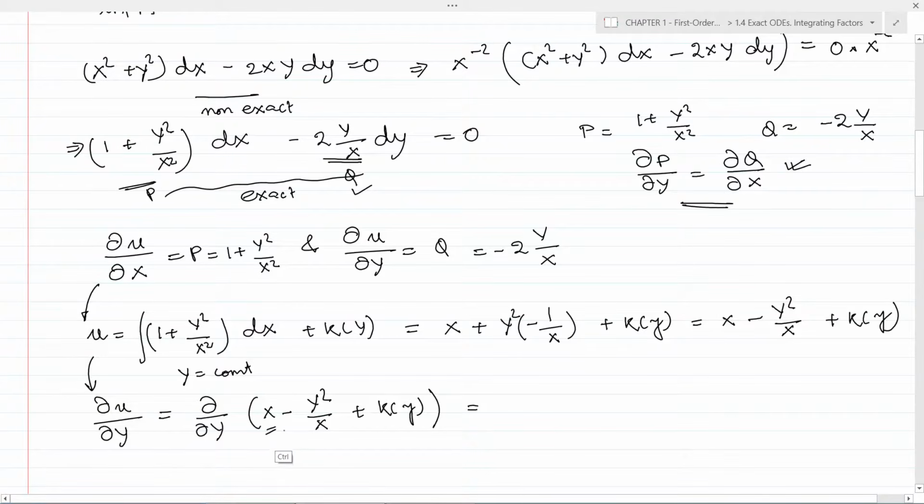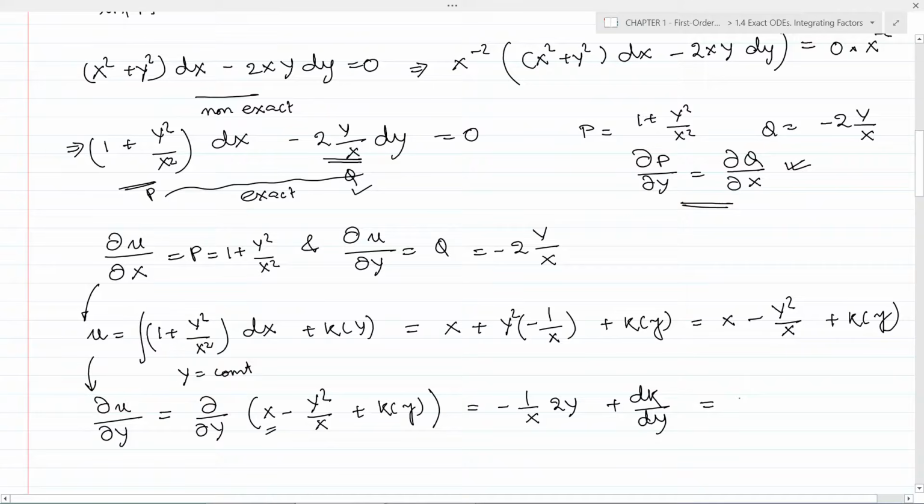x is a constant, so its partial derivative with respect to y becomes 0. Here x is a constant, so we take minus 1 by x outside, and the partial derivative of y square will be 2y, plus, since k is a function of y, dk by dy.